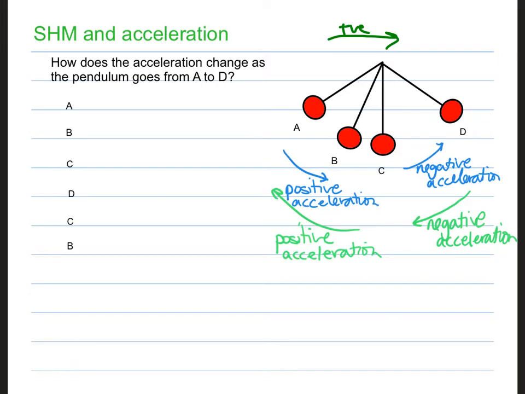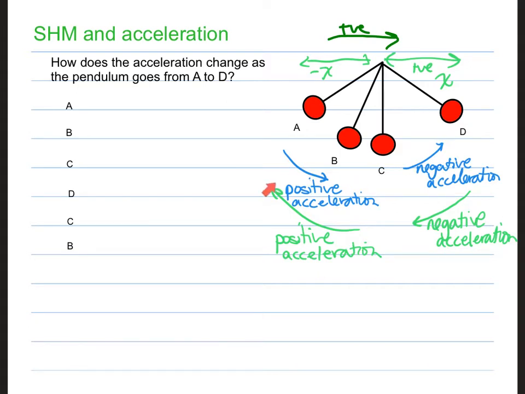So let's take a look at what we've got here. If it's on the positive side of the equilibrium, we have a positive x. If we have it on the negative side of equilibrium, we have a negative x. And if you take a look, we've got a relationship here. Every time that it's on this side of equilibrium where the x is positive, I've said there's a negative acceleration.